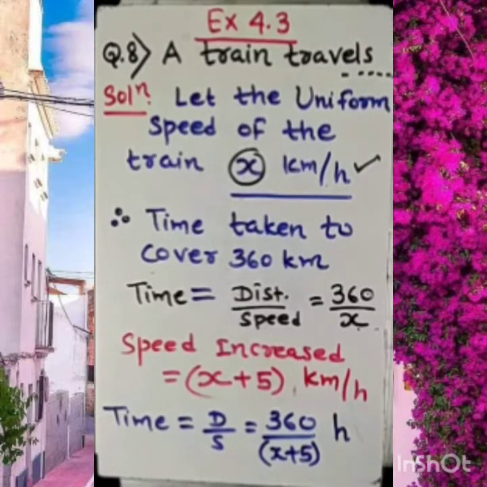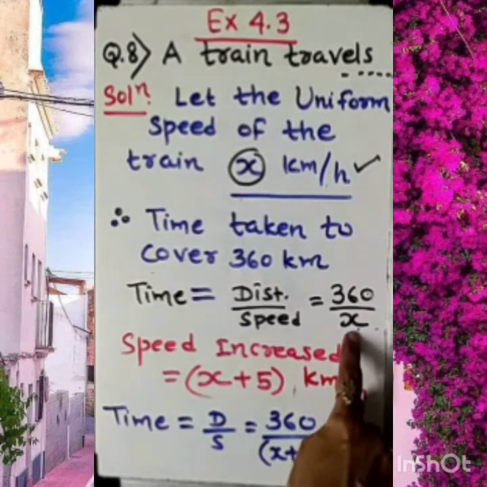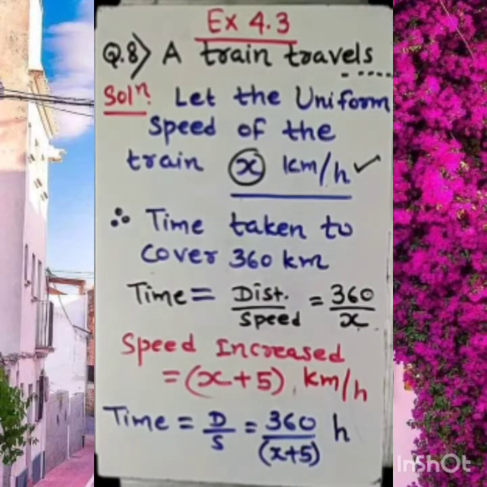Dear student, please remember, if the speed of a train is increased, then the time is decreased. The time taken by the train to complete this distance will be less than in the beginning.